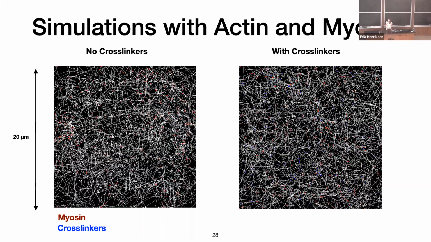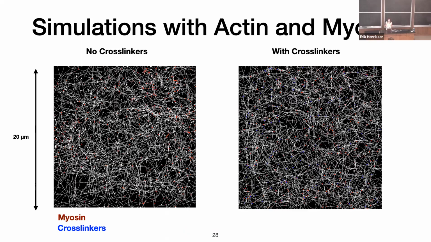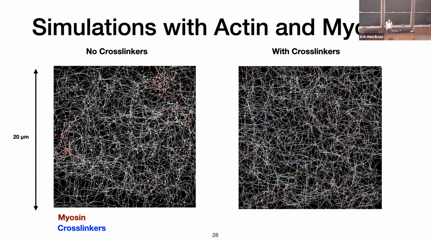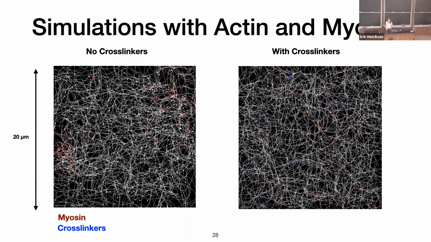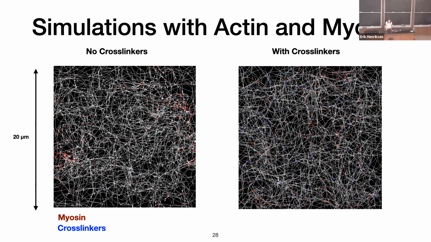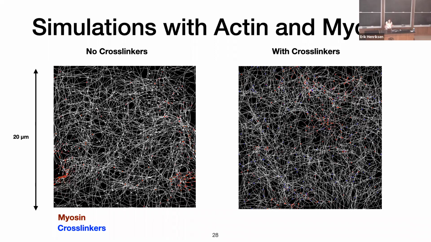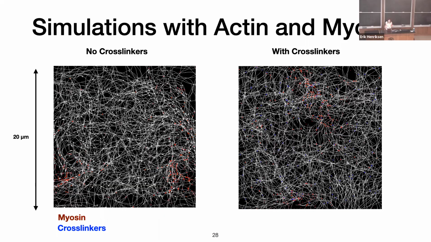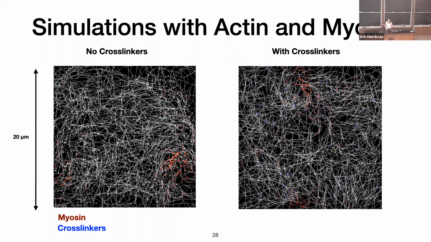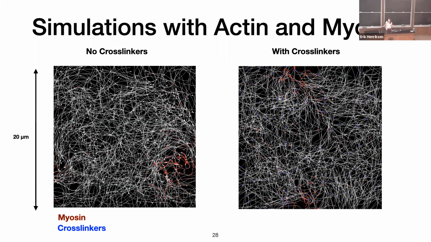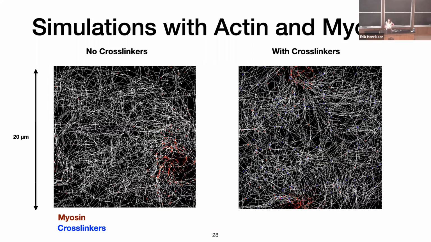And so what we see, you just see a bunch of fibers moving around. Myosin is in red. And we can see some kind of action occurring. You see some vorticity start to develop, so some local rotation. And then you can see the fibers getting aligned.